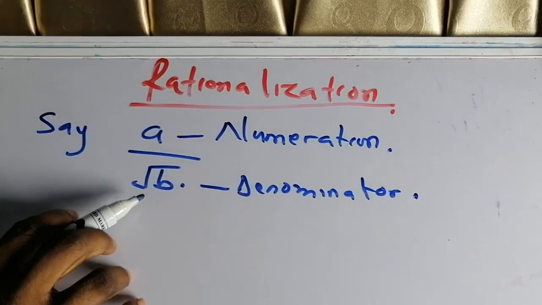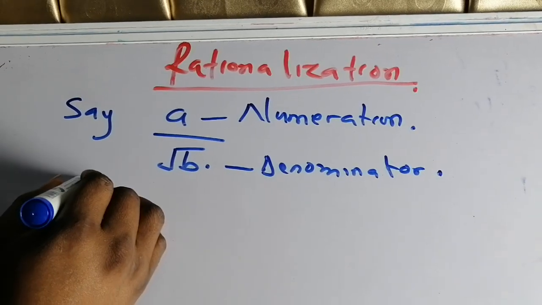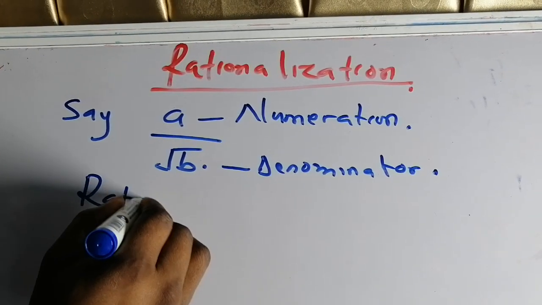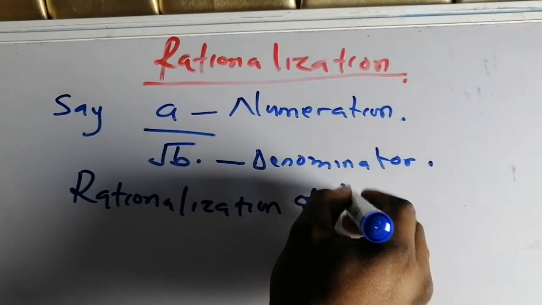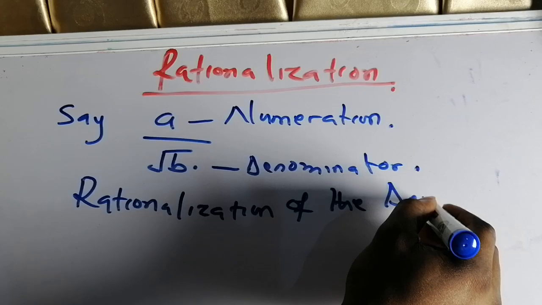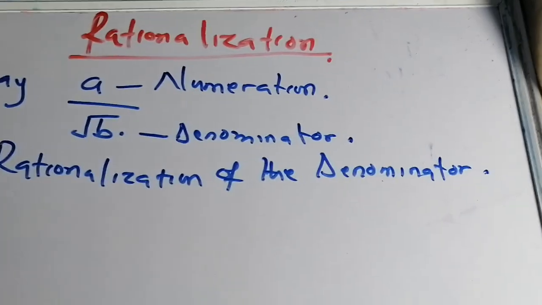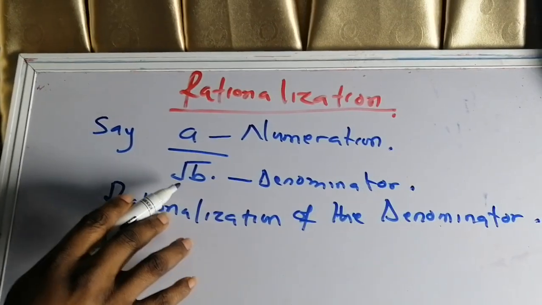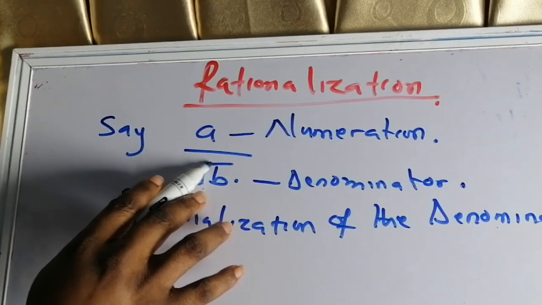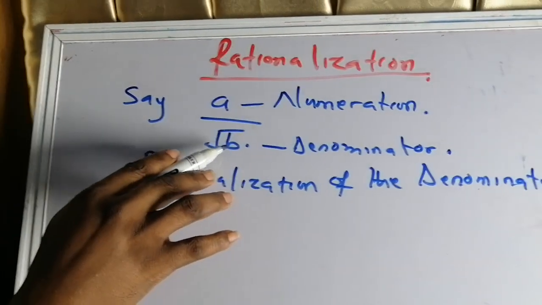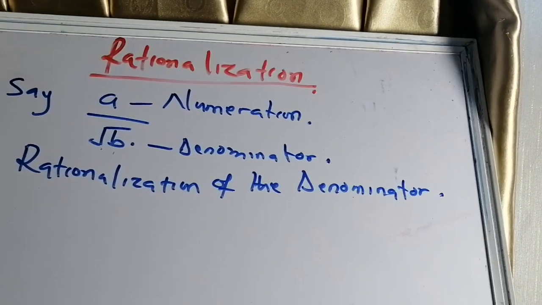Now the process of taking away this surd from the denominator is what we call rationalization of the denominator. That is the process of removing root b from the denominator.